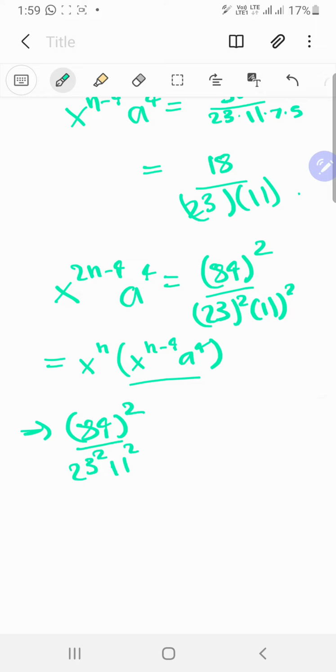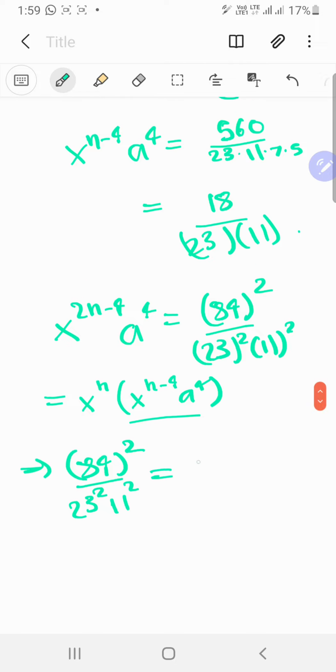Okay, so we have eliminated a somehow. So we know this is going to be equal to x power n. Well, we know that n is actually just 23, so that's nice. It's going to be 23 over there. That's correct. And you got this weird thing, 18 upon 23 into 11.